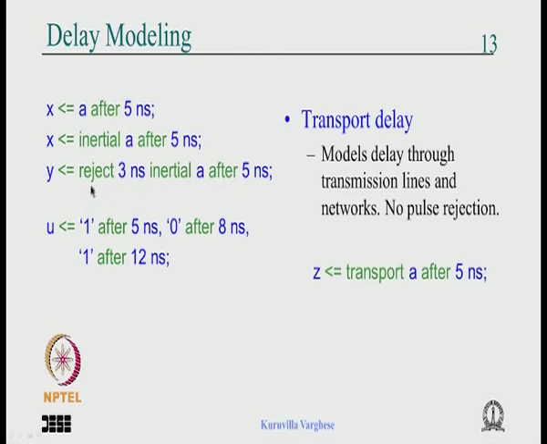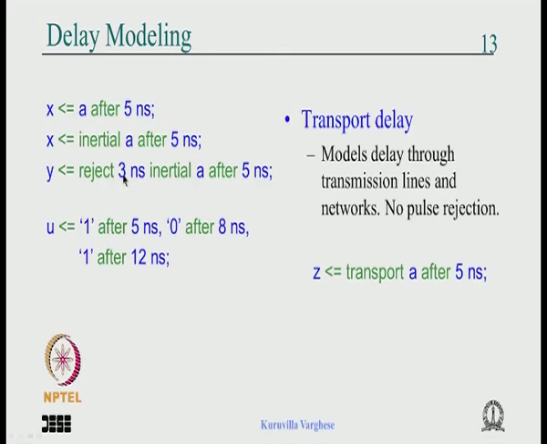But here the assumption is that the propagation delay and the pulse width are the same, but if you have a different pulse width, then at the gate level, as I said, it is difficult to model that. You have to look at the transistor level implementation, do the SPICE simulation and get those parameters.